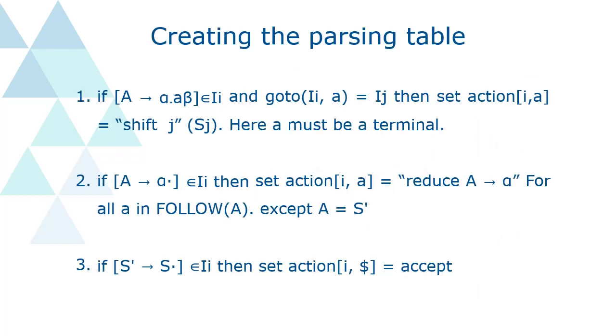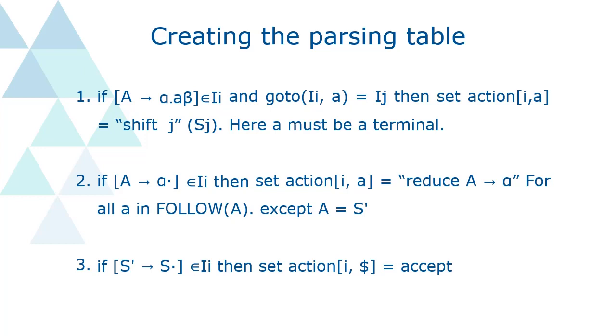When creating the parsing table, we need to reference the diagram that we've made before. And there are 3 rules that we need to follow. The first one means that if there is an arrow from one state to another and the action is a terminal symbol, then it's a shift operation on the parsing table.